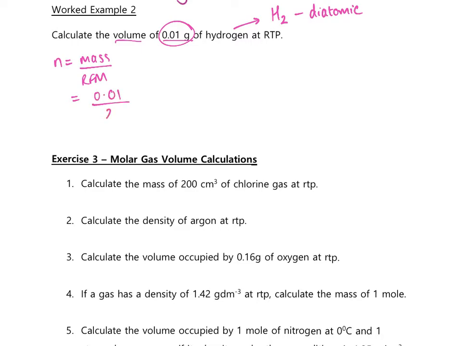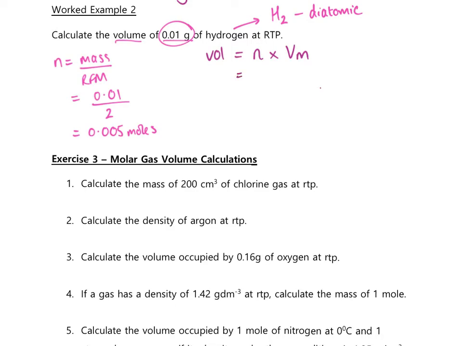The RFM is 2 because you have two hydrogen atoms, each with a mass of 1. Put that into your calculator, and please do that along with me, and that gives you 0.005 moles. Then step number 2 is to calculate your volume. How you do that is to use volume equals number of moles times the molar gas volume.